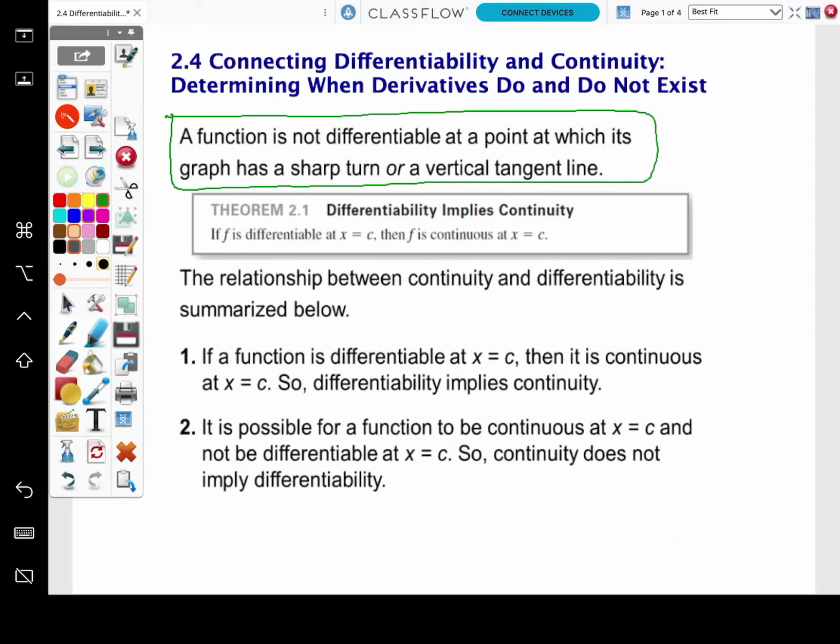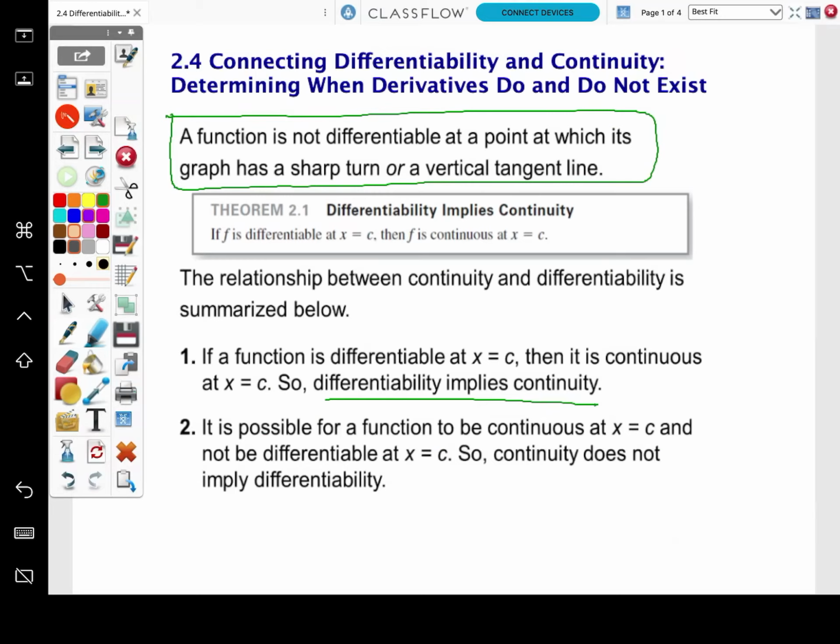So the theorem about differentiability and continuity is this. Simply, differentiability implies continuity. If you can find a derivative at every single point, then it is continuous. Okay, so the summary down here, if a function is differentiable at some point x equals c, then it's also continuous. So that's why we say differentiability implies continuity.